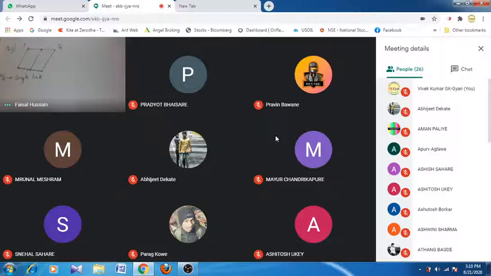Now, the mobility of the mechanism is, there are 4 options. The first option is -1. The second option is 0. The third option is 1. And the fourth option is 2.